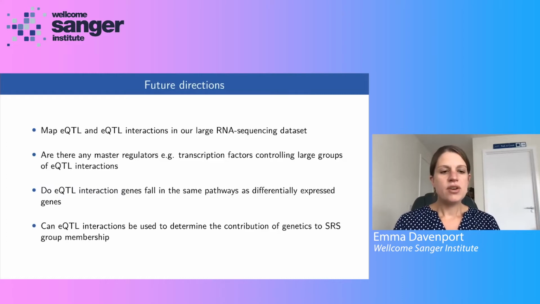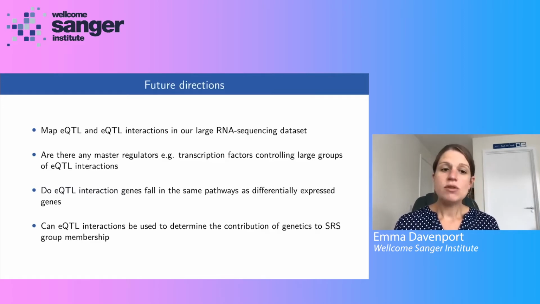We also want to know if the eQTL interaction genes fall in the same pathways as differentially expressed genes, or whether they're able to offer us some independent and additional information that can help understand what's really driving these 2 different SRS groups that we've identified. And finally, we want to think about how we can use these eQTL interactions to better understand the contribution of genetics to SRS group membership.